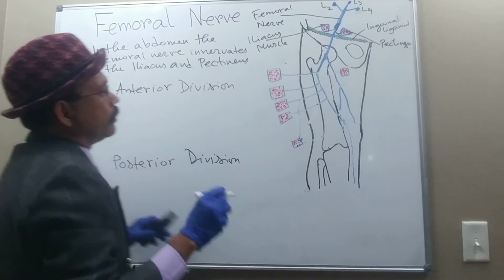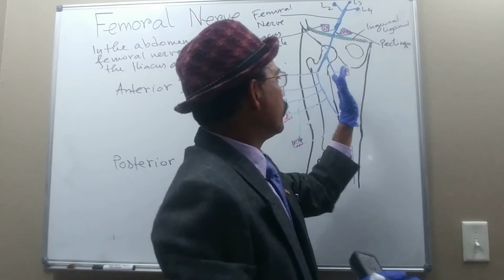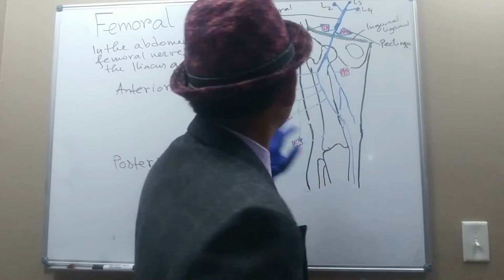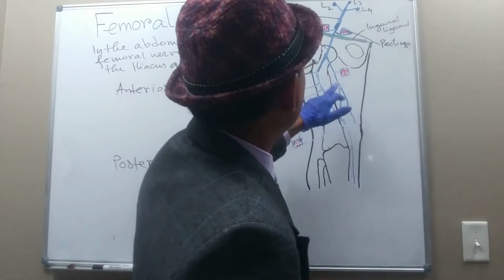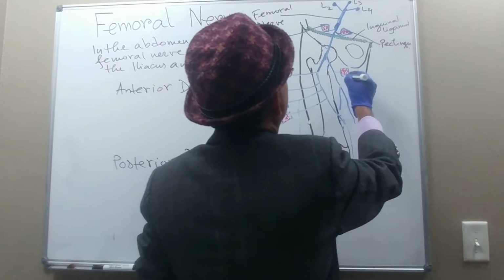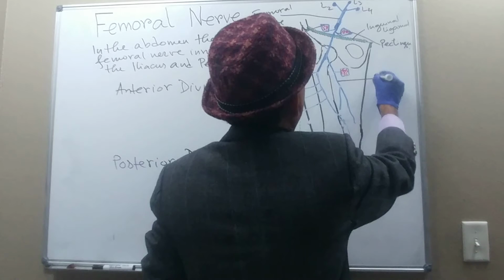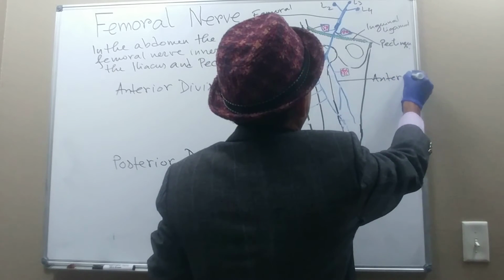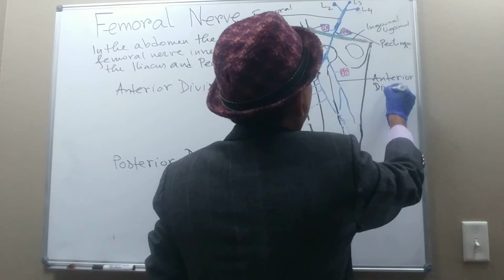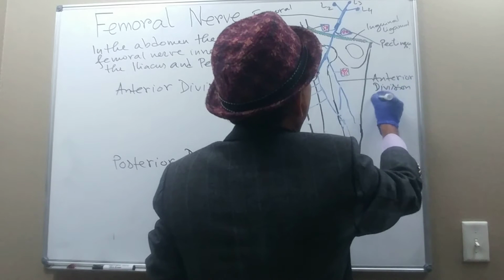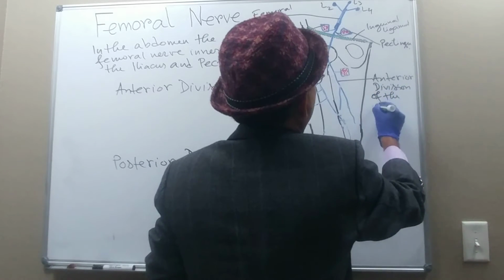Okay, then we'll go to the branching from the anterior division and posterior division. Suppose this is the anterior division of the femoral nerve.